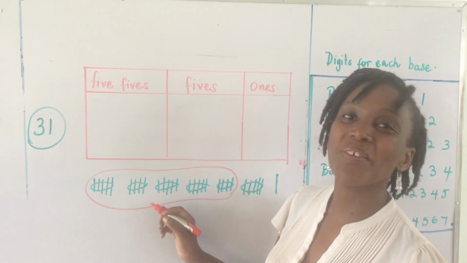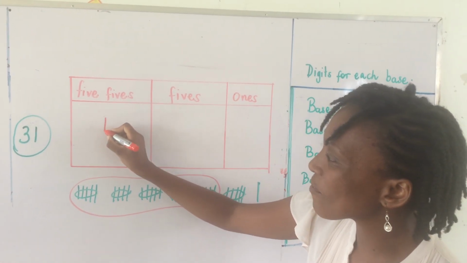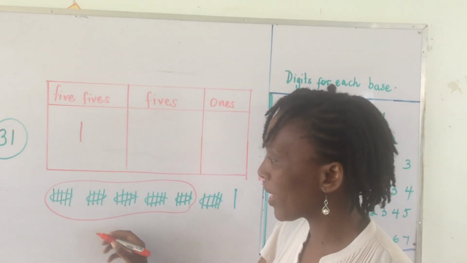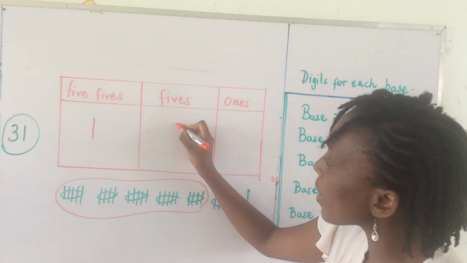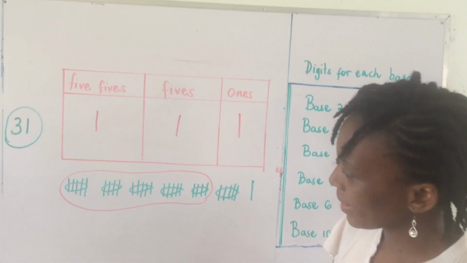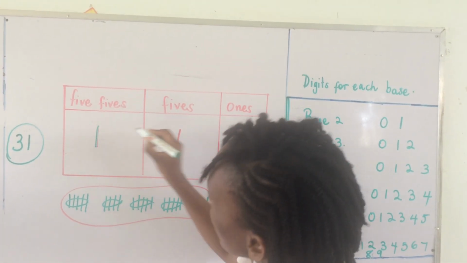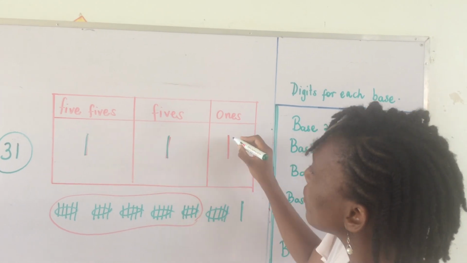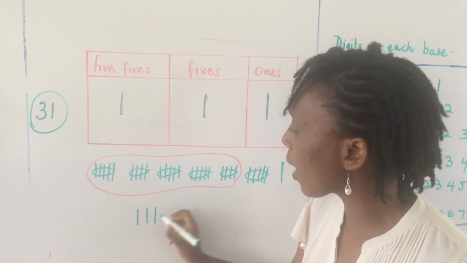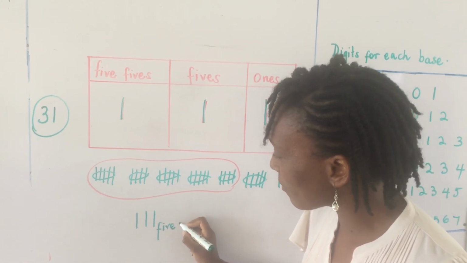Sorry, we have one group of 5 fives, which means that here we'll have one group of 5 fives, which is 25. Okay? And then we'll have one group of 5s and 1 one. Again, we have one group of 5 fives, 1 five, and 1 one. When we write this out, we have 1 1 1, and we are still grouping in 5.